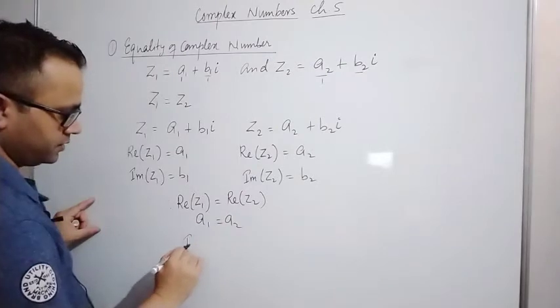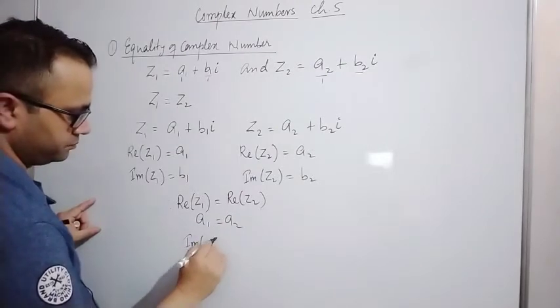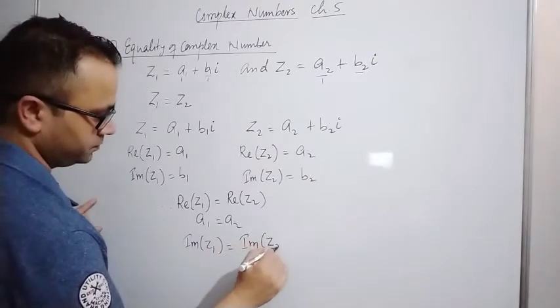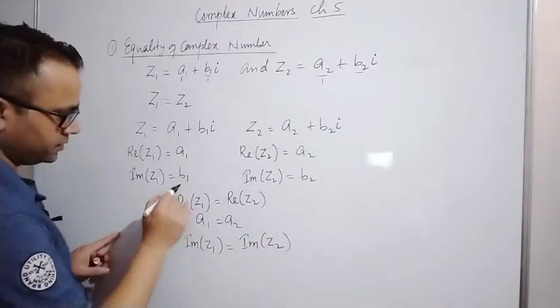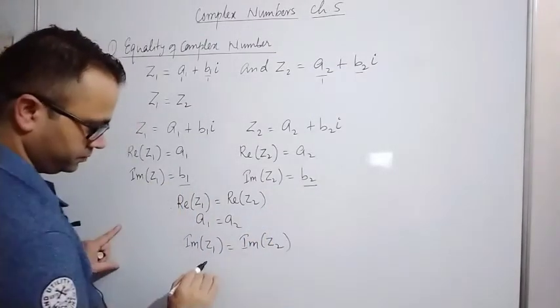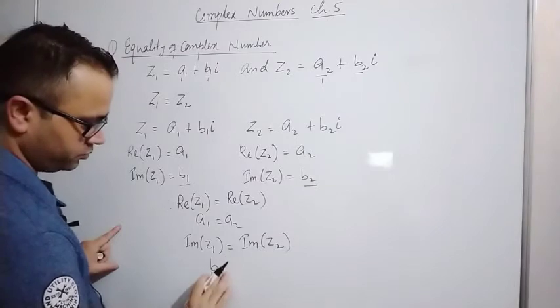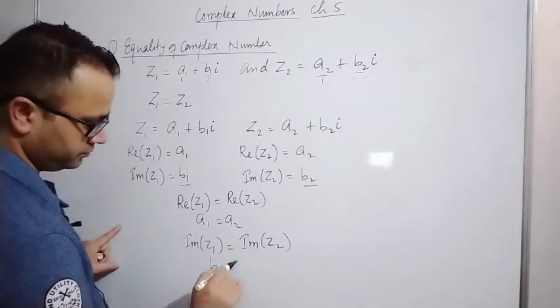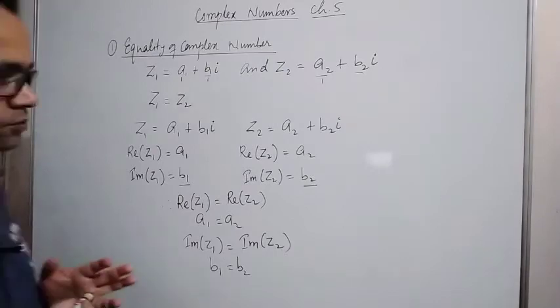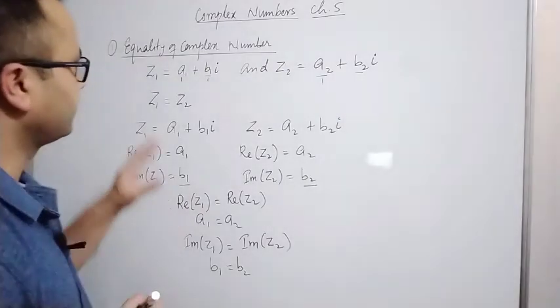And imaginary z1 equals imaginary z2. So imaginary z1 is b1 and imaginary z2 is b2, so b1 equals b2. So these are the conditions of equality of complex numbers.